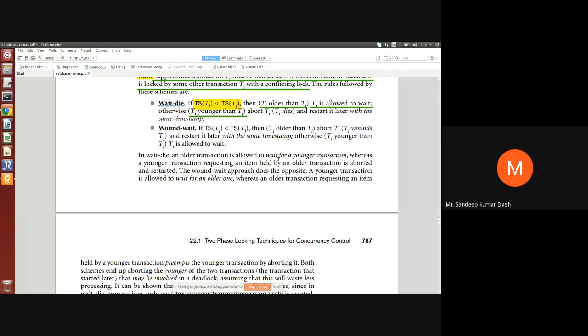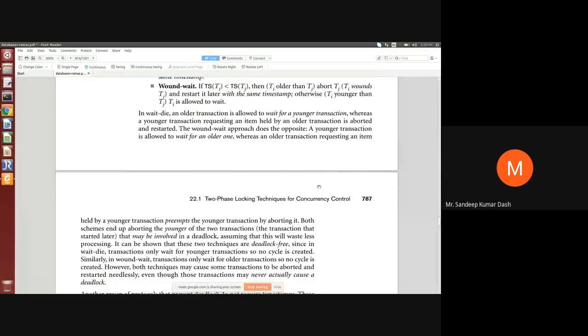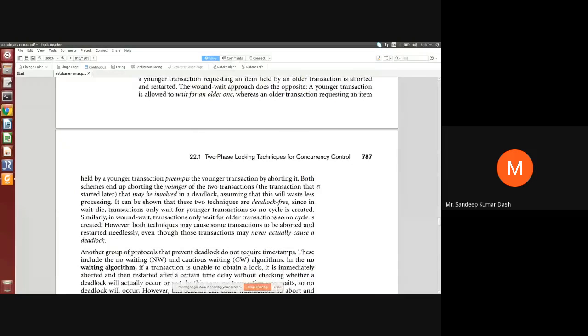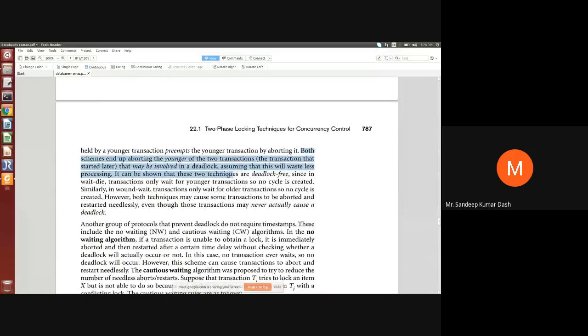But in the first case, the younger transaction will be completed while the older transaction waits. So both the schemes end up aborting the younger of the two transactions. In both cases, the younger transaction is aborted when an older transaction is requesting.